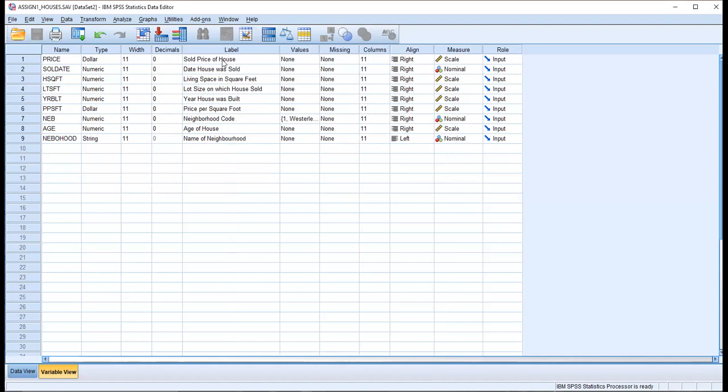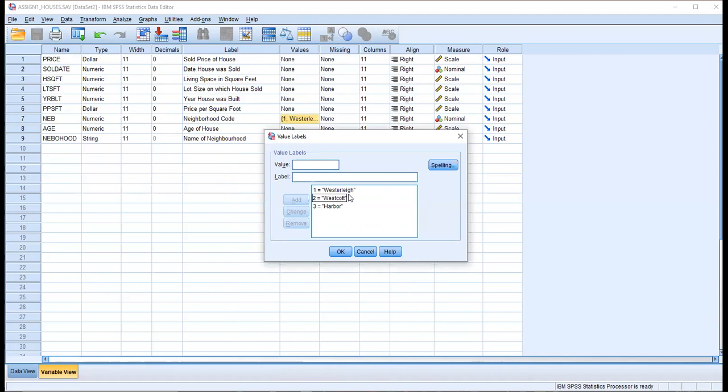In the variable view, you have the price, called price, this sold price of the house, the date the house was sold, what have you. Okay. Then we have the value levels.